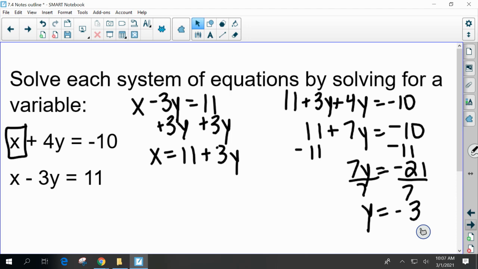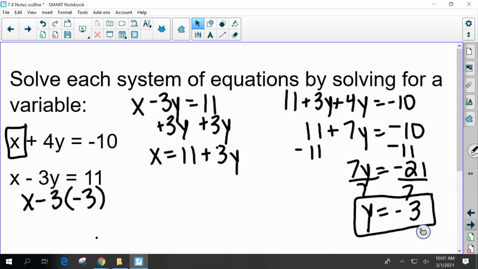We still have to solve for x. So now we need to take that and plug it in. So x minus 3 times negative 3 equals 11. What is negative 3 times negative 3? So x plus 9 equals 11.